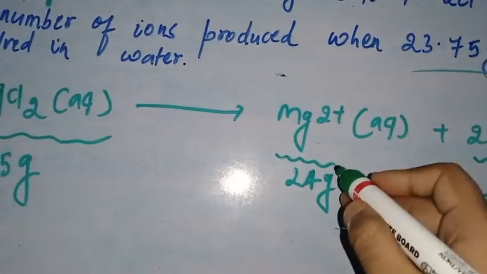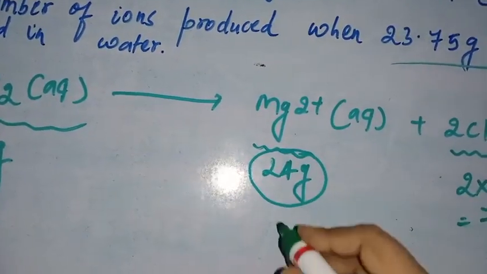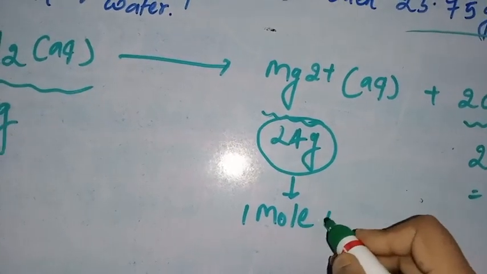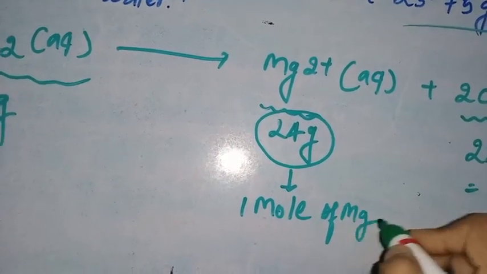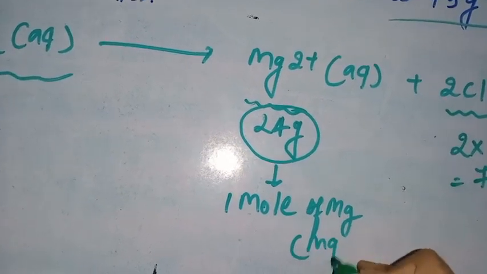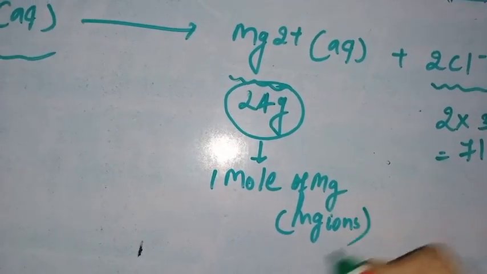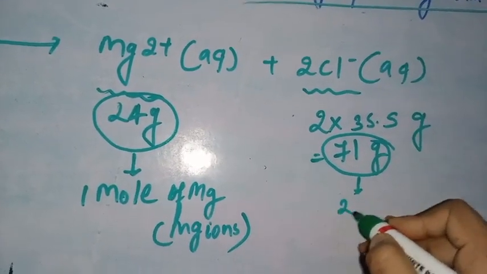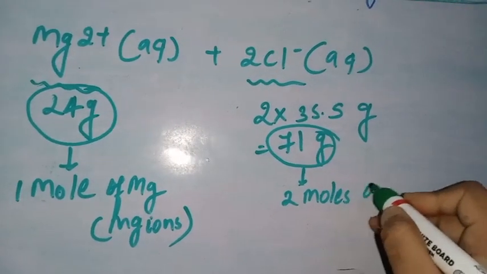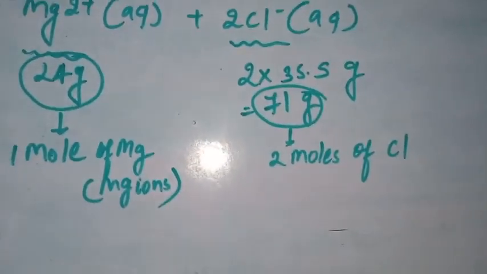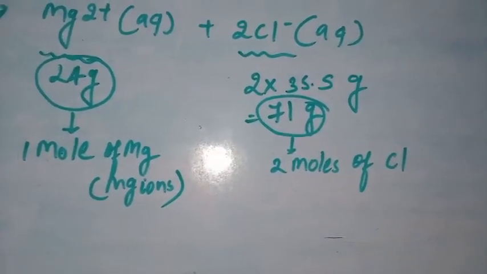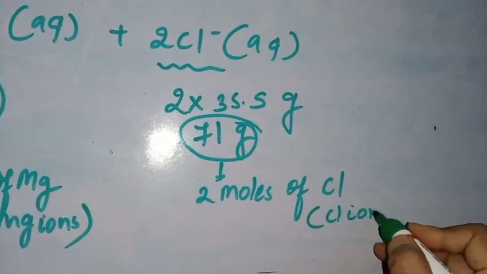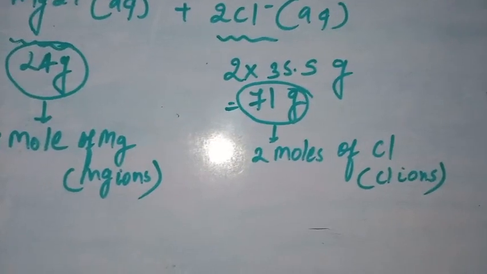So if you see the moles here, 24 grams is equivalent to 1 mole of magnesium, or you can say magnesium ions. And here 71 gram, if you calculate, comes to 2 moles of chlorine or chloride ions.